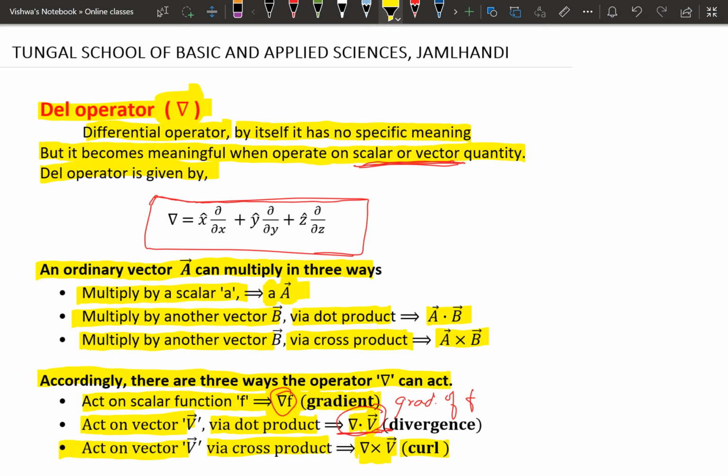Like that, this del operator can act in three ways on our functions. It may be a scalar or it may be a vector. Now we have to study one by one. The first thing is acting on a scalar function f, which we call the gradient.